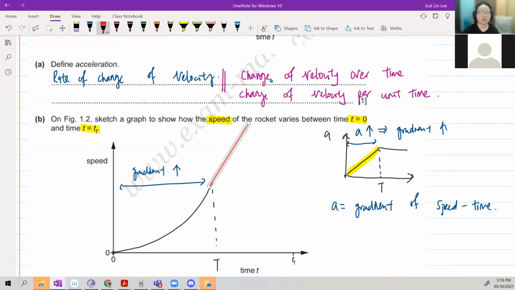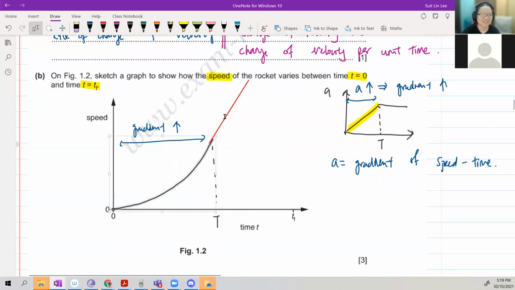And now, actually, I should draw not so big. Anyway, that would go to t1, not enough space. Gradient increases until it reaches the maximum value, t1.